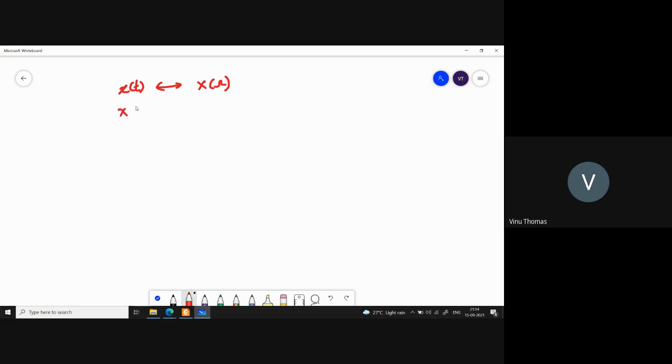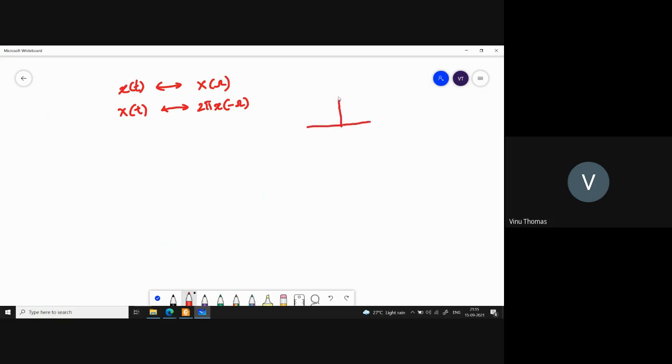Then capital X of t, a time domain function having the same shape as X of omega, except that omega is replaced by t, will have a Fourier transform given by 2 pi x of minus omega. So x of omega has the same shape as x of t, except that the variable t is replaced by the variable omega, and it is mirror reflected with respect to the y-axis.